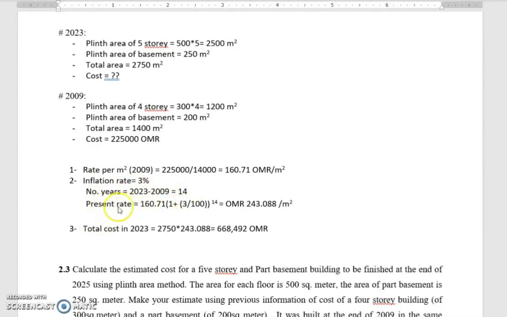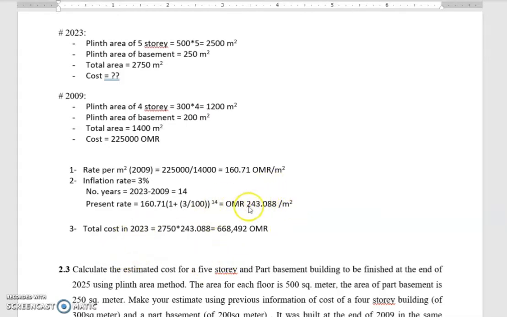So the present rate for this year, 2023, or the future rate, let's say, is the rate we have, times 1 plus 3% to the power of 14, which is the n. And n is the time period, or difference in years, between the first building and the reference building. This is 14 years.